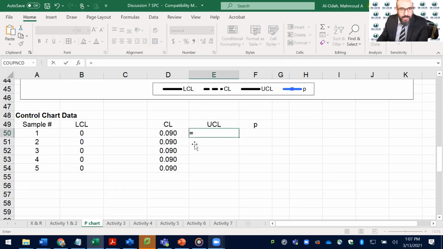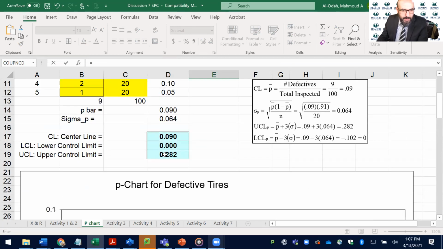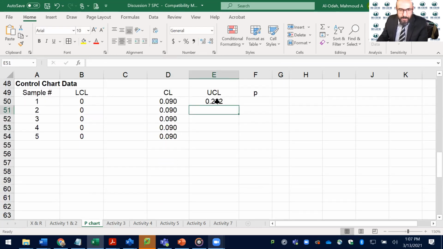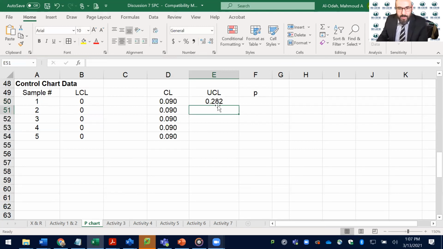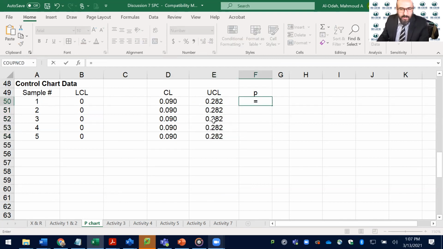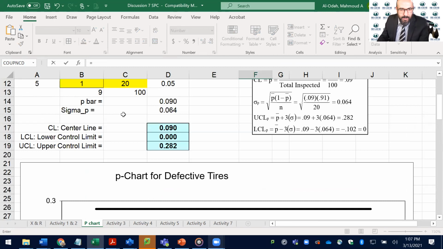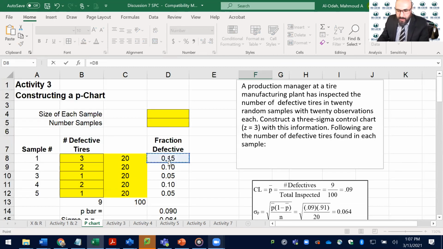Upper control limit is taken from this here, and lock the cell by adding the $ before and after, and now copy the cell for the rest. And the percentage of defects on each sample is going to be taken from here.